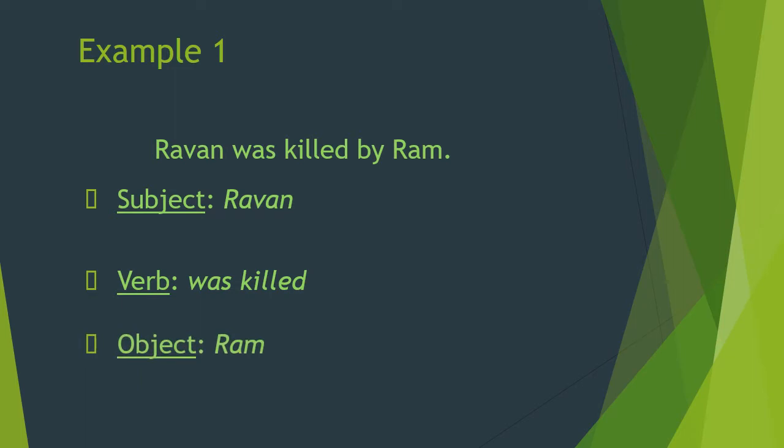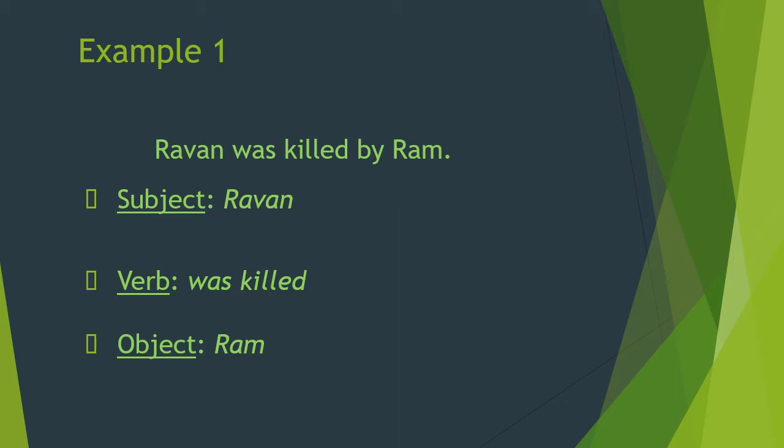We have already learned Ram killed Ravan in active voice. It is converted to Ravan was killed by Ram in passive voice. So here the subject and object are exchanged.